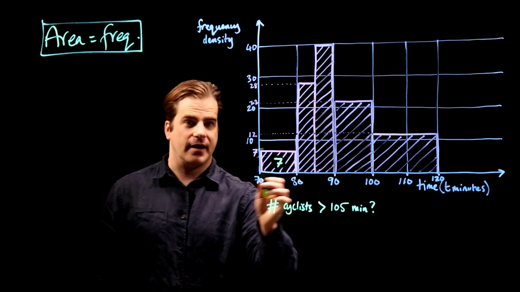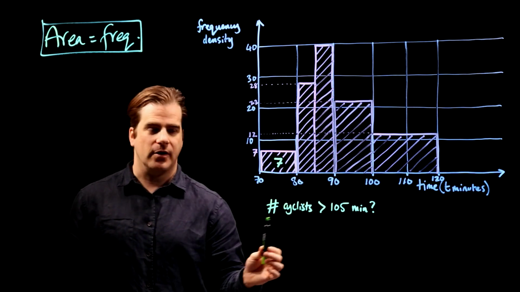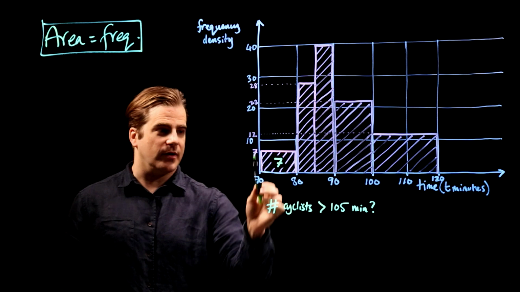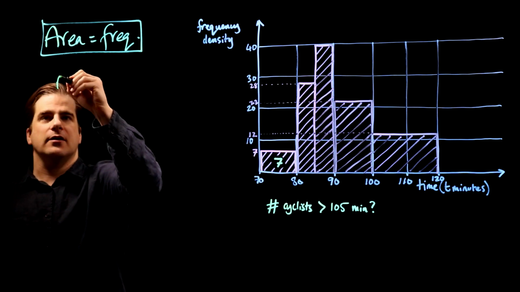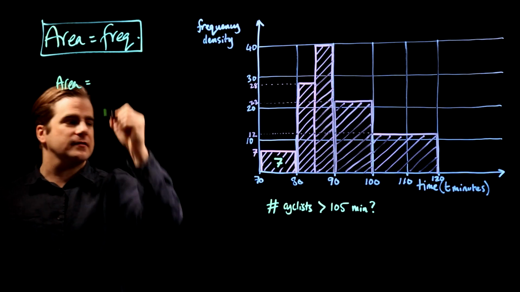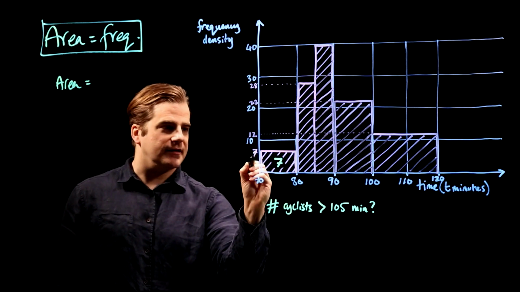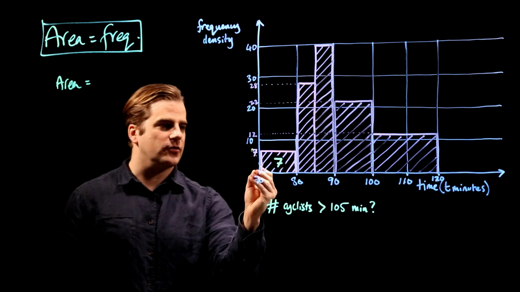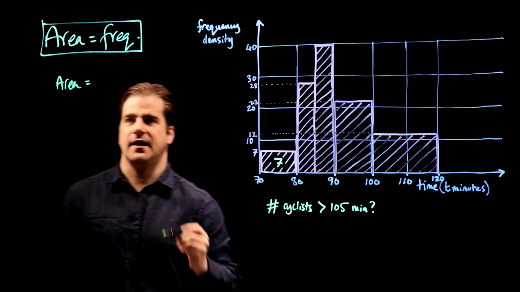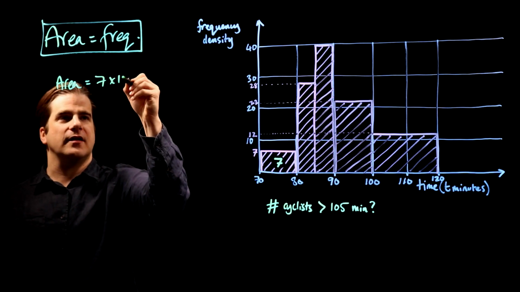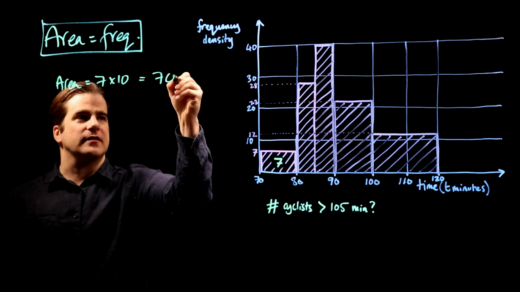So let's work out that area. Well, area of a box is x times y, width times height, okay? So the area of that box, I've marked it on here, it corresponds to 7 little boxes on your question sheet. So it's 7 times, from 70 to 80 is 10, so 7 times 10, that's 70.